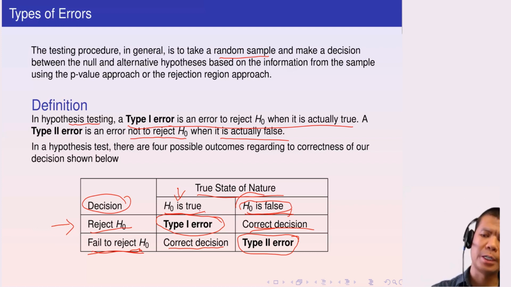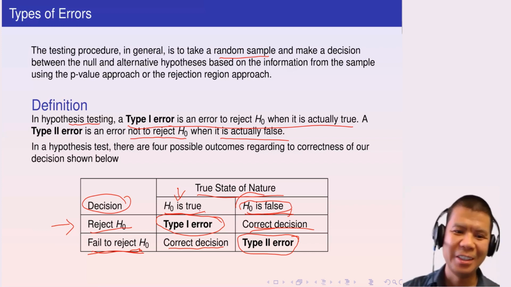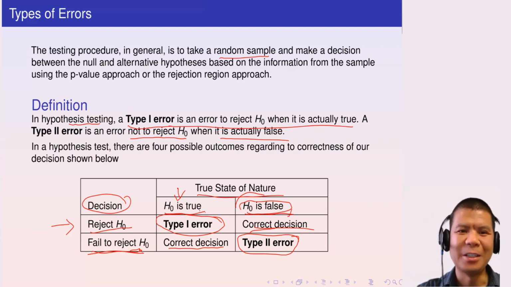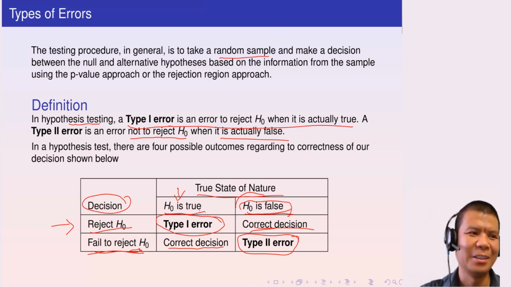Now another example: my wife's birthday is, let's say, July 18th. This is the null hypothesis.